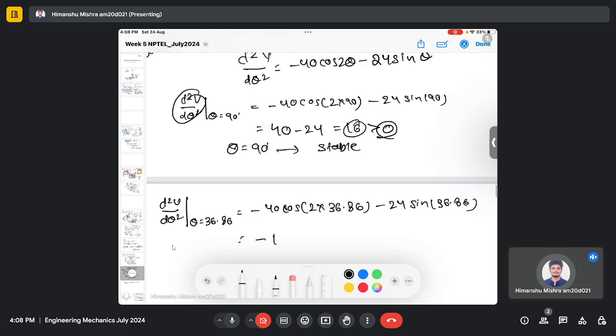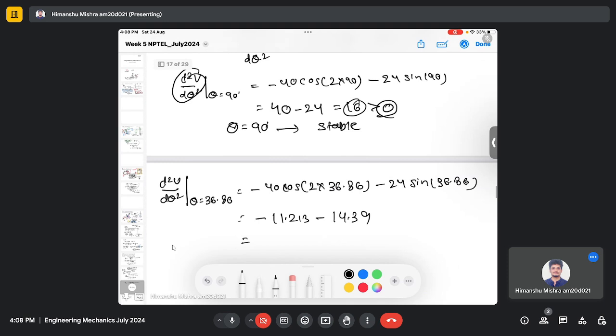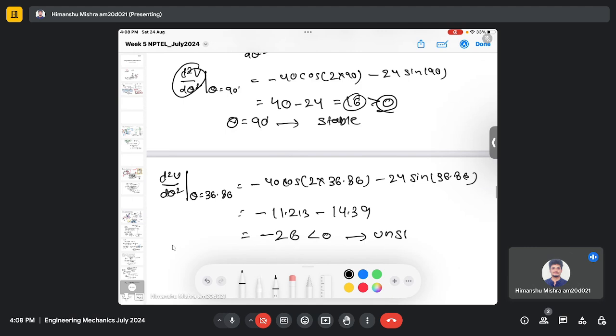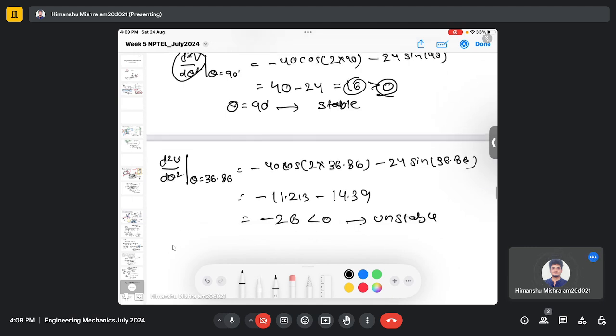So this term is minus 11.213 and this is minus 14.39. So you already know that the answer will be negative, roughly equal to minus 26, which is obviously less than 0, and the system is in an unstable condition at theta 36.86.